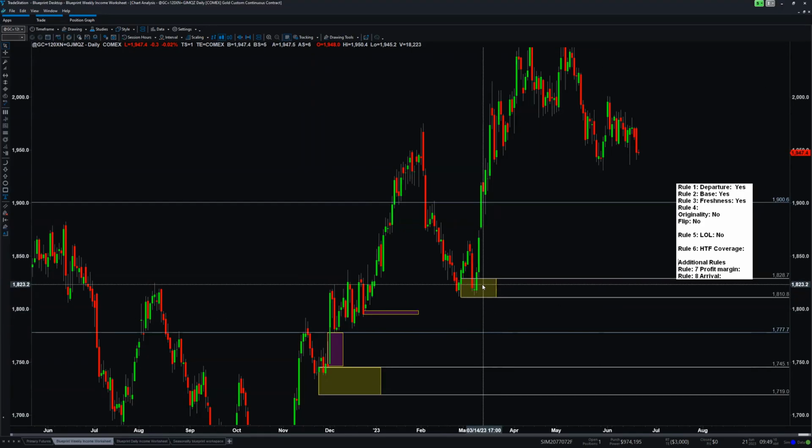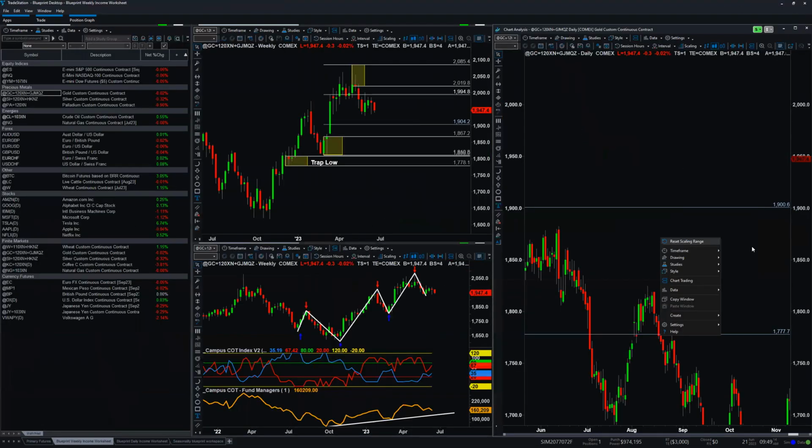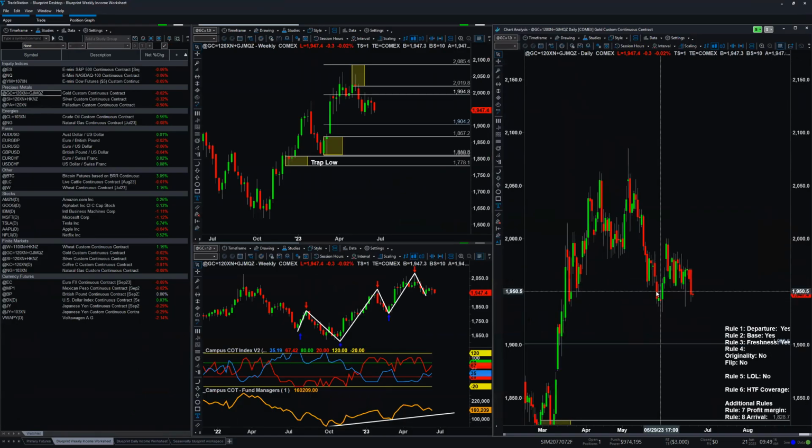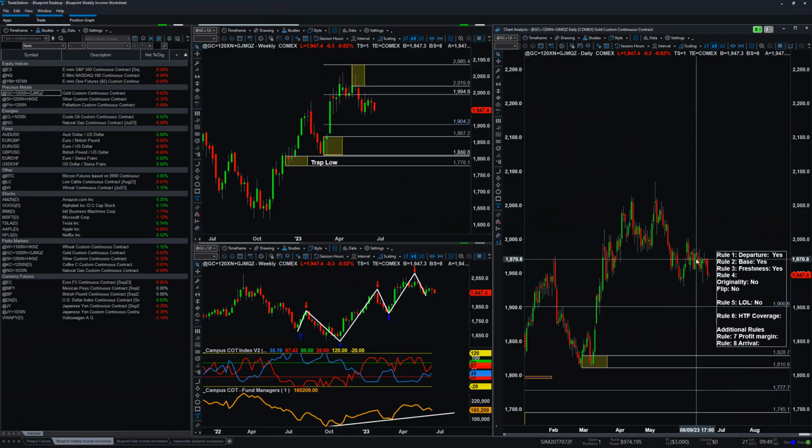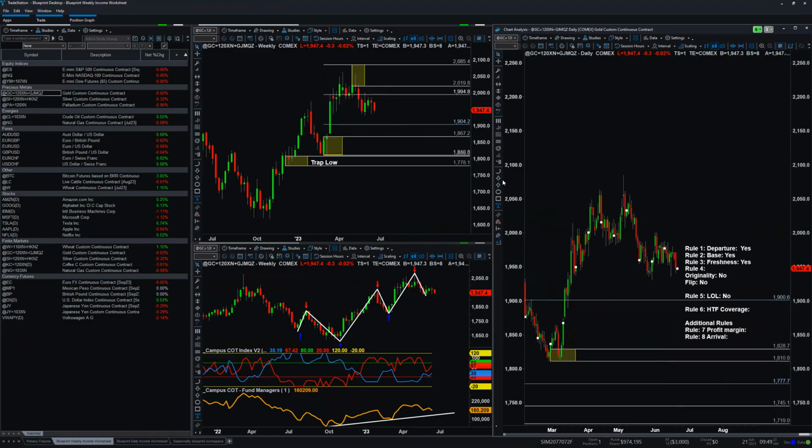How about higher time frame coverage? $18.28 is $18.28 right here somewhere. So yes, we're covered, but we're only covered with support.